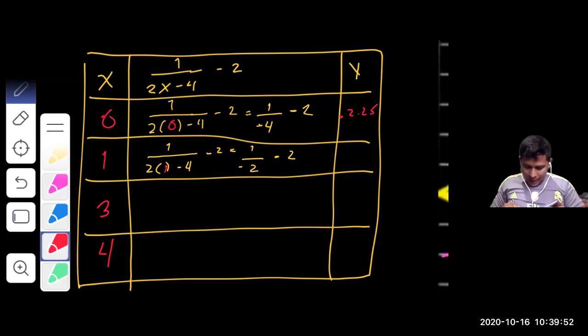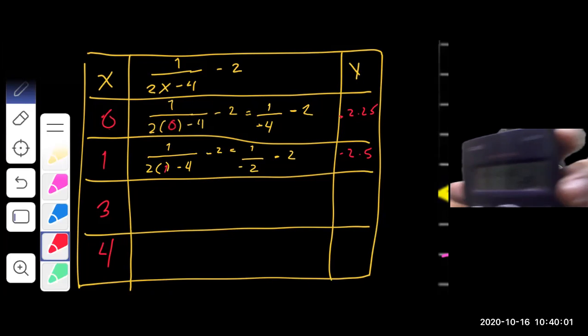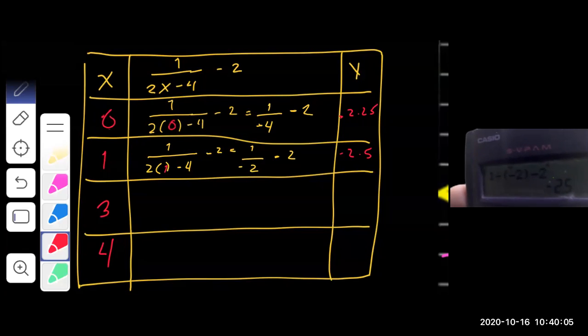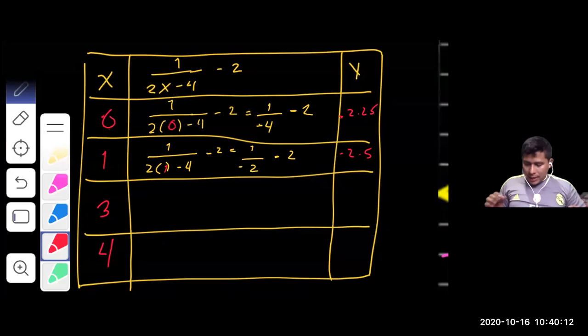No problem, let's check it. I got negative 2.5. Let's see, Elmer, perhaps the mistake is in the calculator. You have to put something like this: 1 divided by negative 2, you close parentheses, minus 2. Try to do it again, Elmer, and check it out.